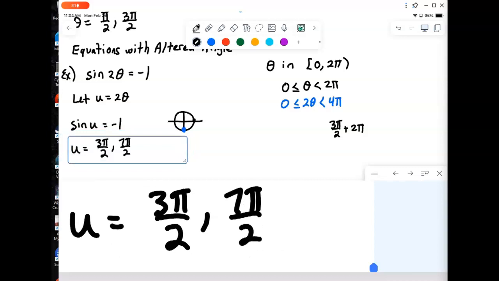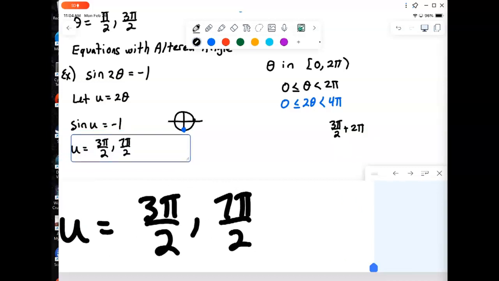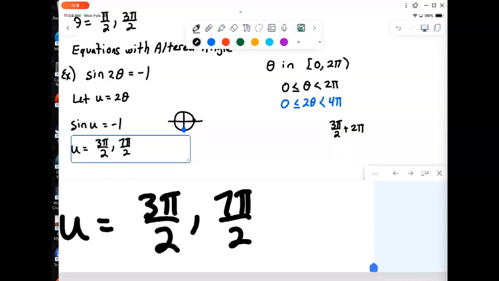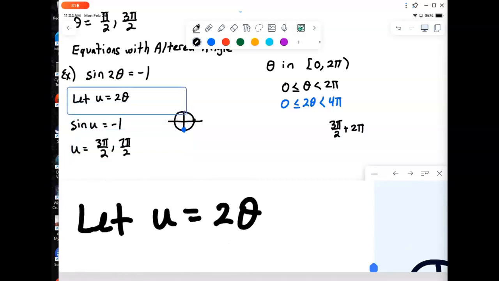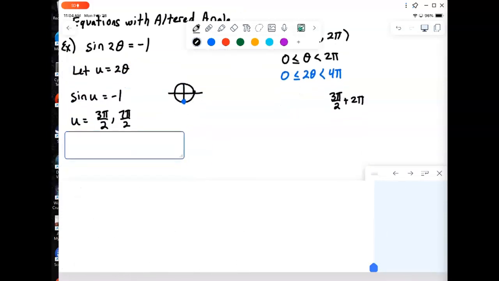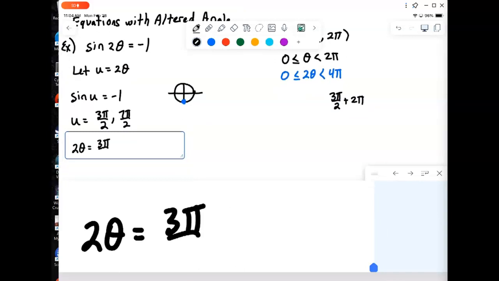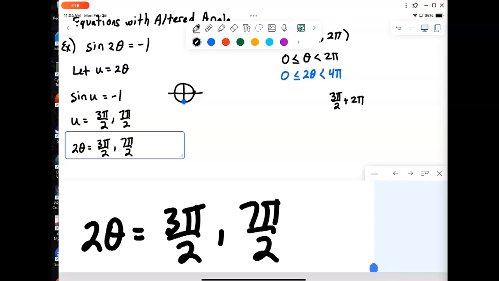And then once I've solved it and gotten however many angles I have, this time 2, sometimes you might have more, I go back and solve for theta. So 2 theta equals 3 pi over 2 and 7 pi over 2. We have to solve that equation for theta, so I need to get rid of that 2.